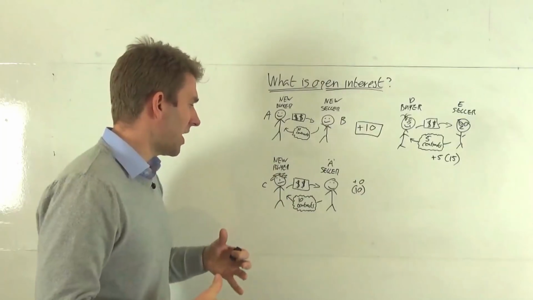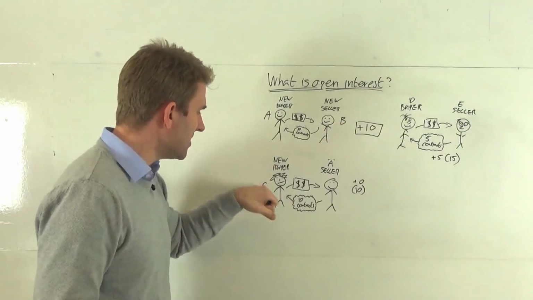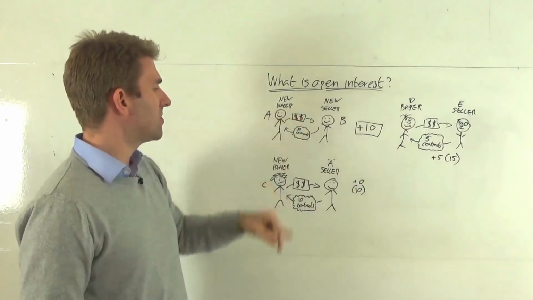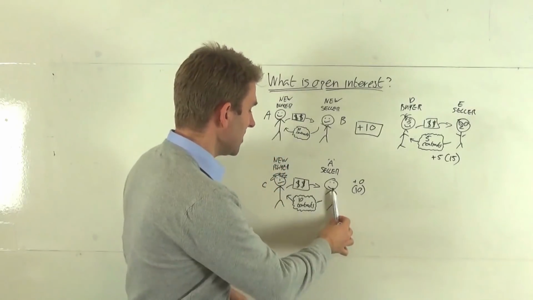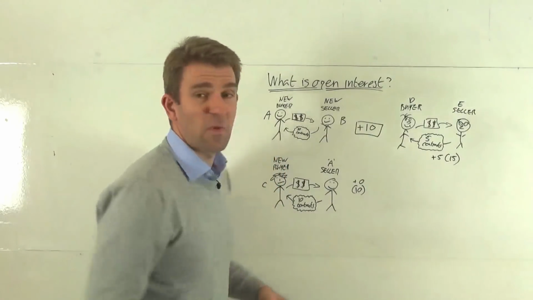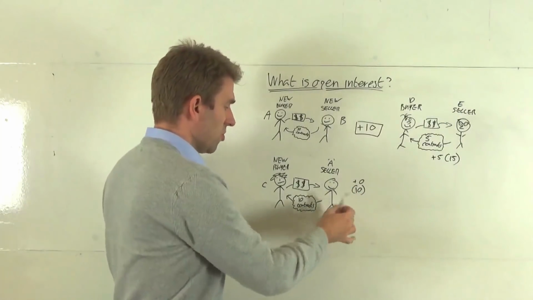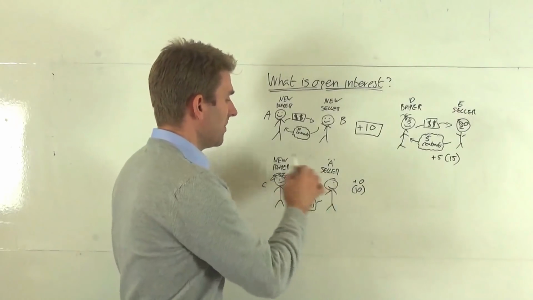Now, what happens next is a new buyer comes along and he's called C, and we have a seller, and this is the same guy who was buying. So this guy was long 10 contracts, right? So he sells his 10 contracts for whatever reason. He wants to cash in the profit, he wants to cut his losses short, whatever it may be, doesn't really matter. He sells his 10 contracts to a new buyer, the new buyer pays him money.